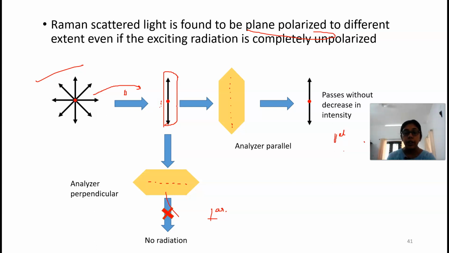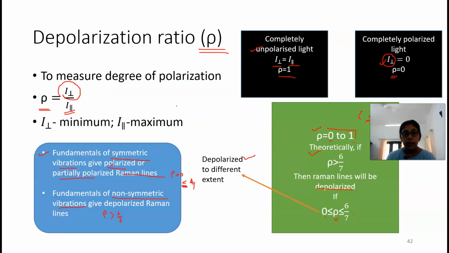Otherwise, if you are keeping that analyzer perpendicular to the plane of the plane polarized light, you can see no radiation will be passing through that analyzer. And then we have depolarization ratio.